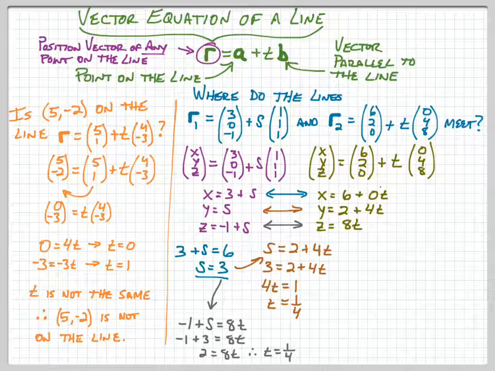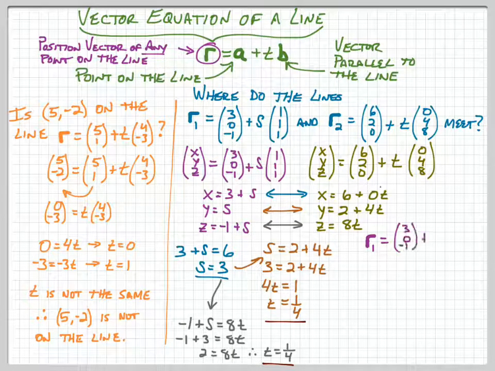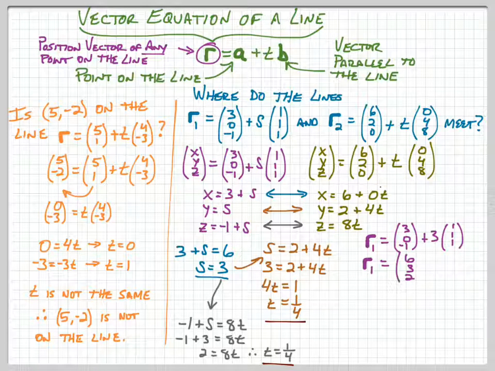Okay, so because we've used s and we've gotten the same value for t for multiple coordinates, we can assume that these two lines are going to meet. So what we'll do is find where r1 and r2 meet. We're going to use s for our r1.